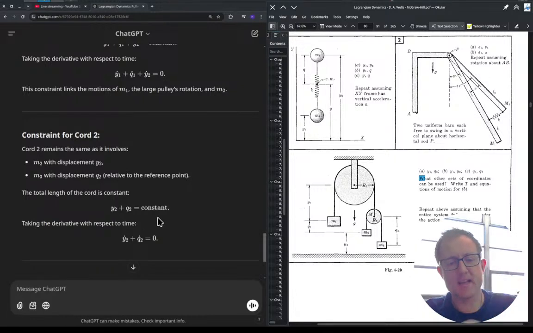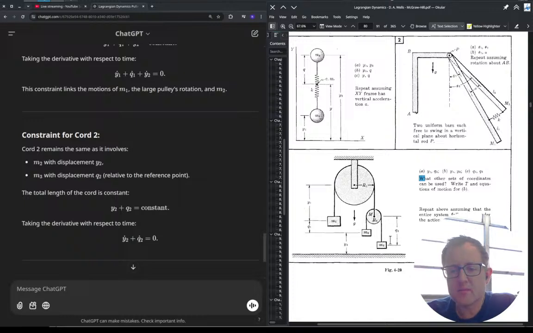That one is not constant though, because I could have q2 decrease y2. Well, one thing I could do is decrease y1 and hold this one constant, and now y2 and q2 both decrease. Oh, I guess that one's real. Well, y2 decreases, but q2 stays the same. I guess that's my problem with that.